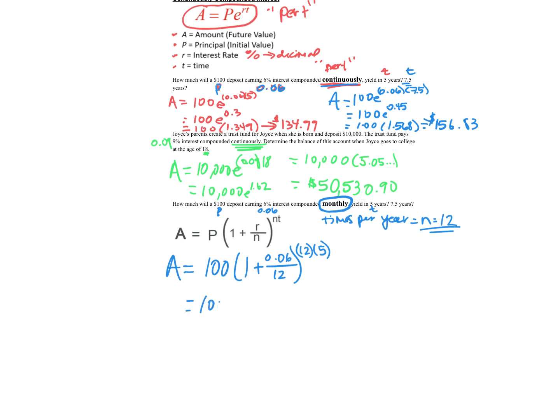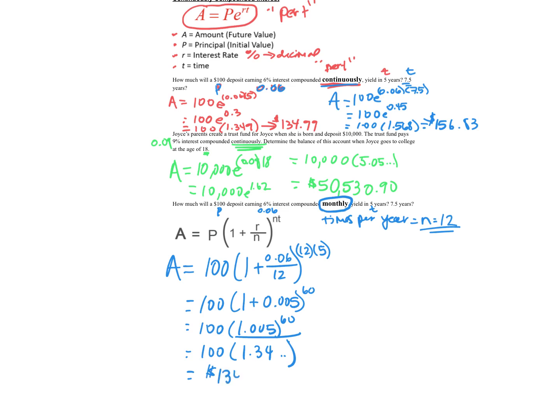That gives us 100 times 1 plus 0.005, the 0.06 divided by 12 first, to the 60th power. So equals 100 times 1.005 to the 60th, I'm going to do this part first. That gives us 1.34, and so on. So that gives us $134.89.